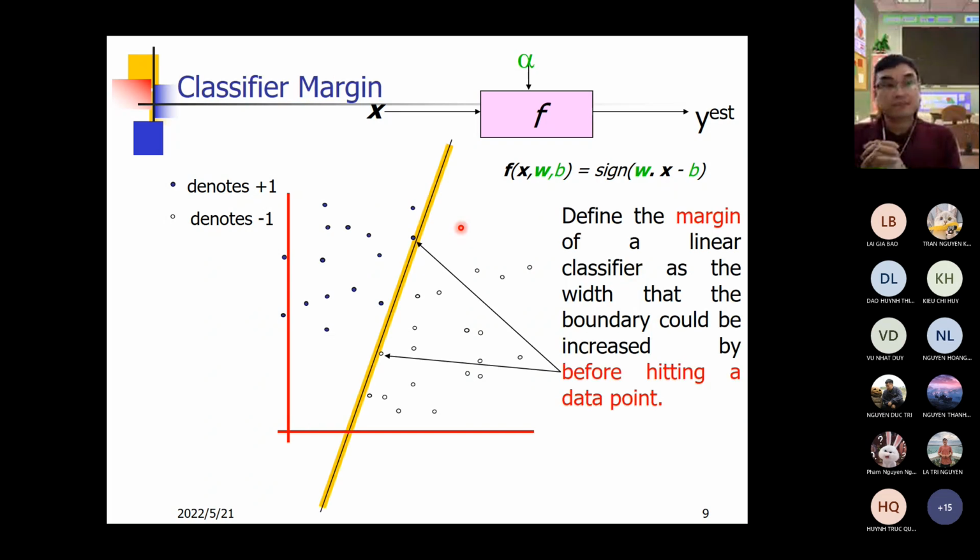Okay, so we have something like the margin here. The margin is something like the boundaries between this line, and this boundary will be the width. With this width, we can mix with the class points closest to it.